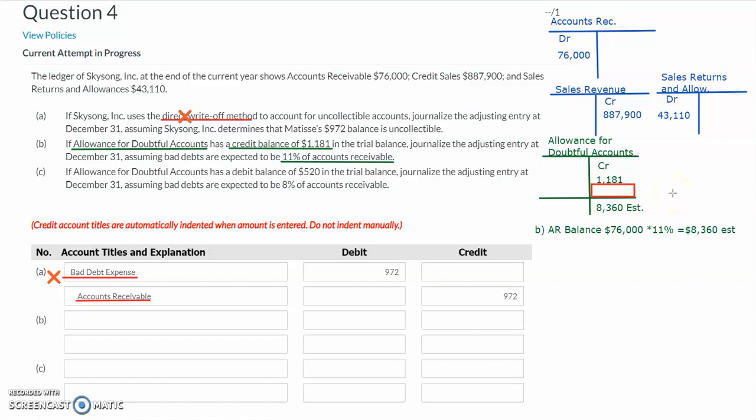So I'm going to take 8,360 minus the credit balance that we have. And the difference is going to be the amount for our adjusting journal entry. So our adjusting journal entry is going to be for 7,179.